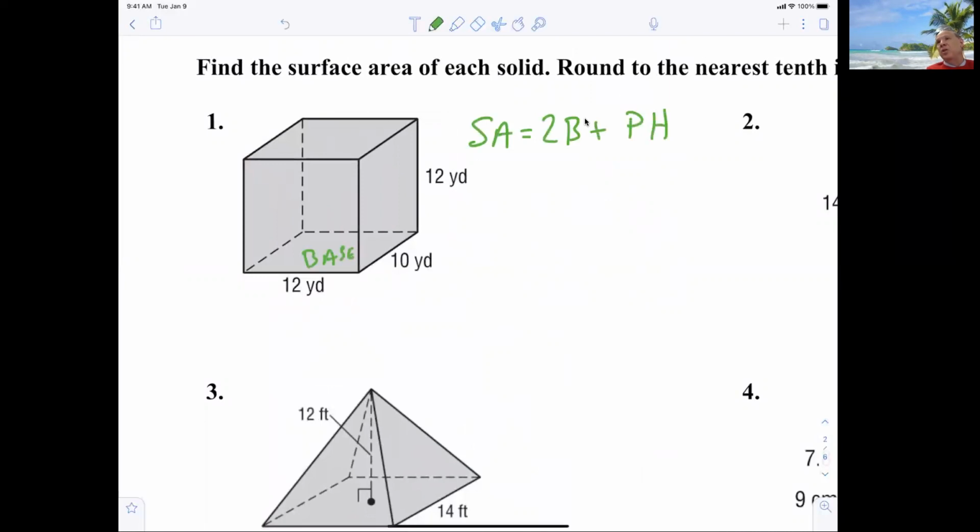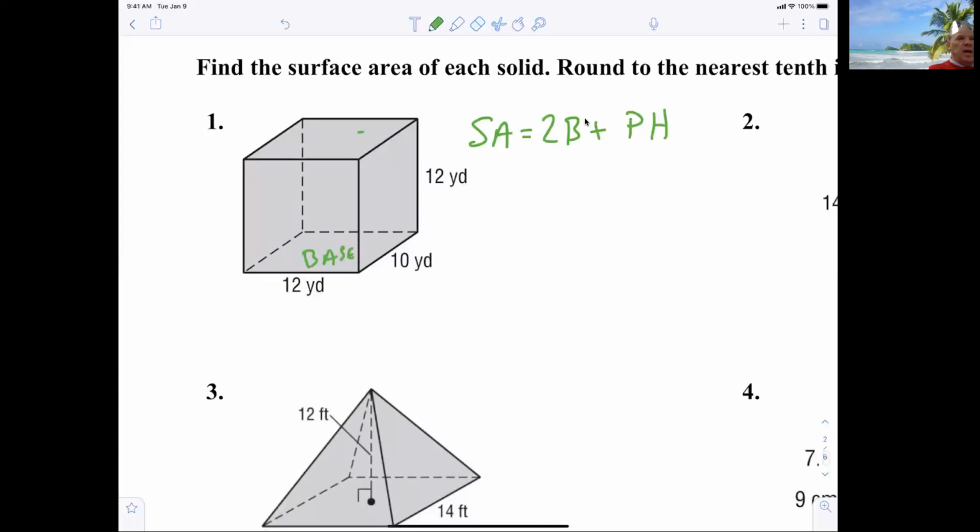This is a unique shape because the top and bottom are the same, the left and right are the same, and the front and the back are the same. So either one of those could be the base, but you just have to name one of them as the base. And so what do I always name? I always name the one that it's sitting on, but the base is not always the one that it's sitting on.